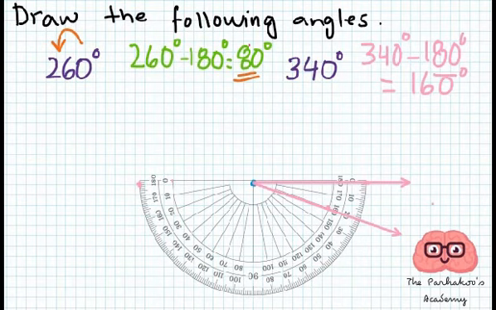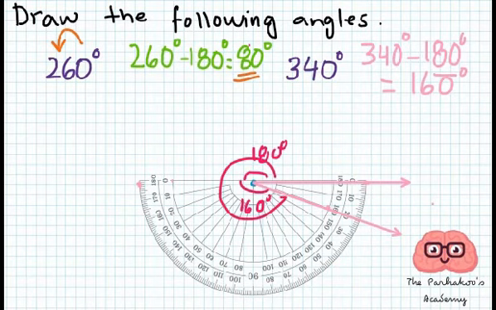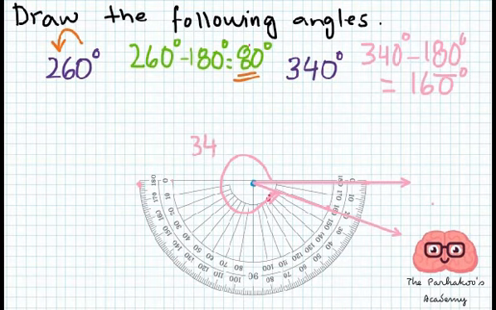So this angle is 180 degrees up till here, 180 plus this 160 degrees. So 180 plus 160 all together is 340 degrees, right? 340 degrees. So this was anti-clockwise.